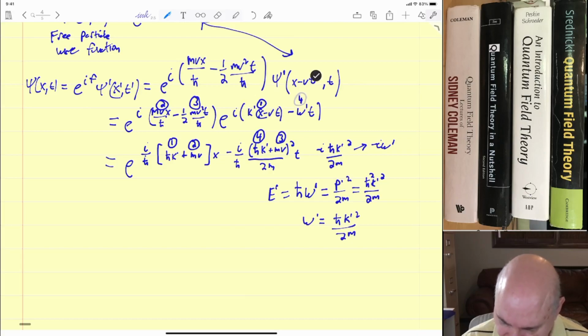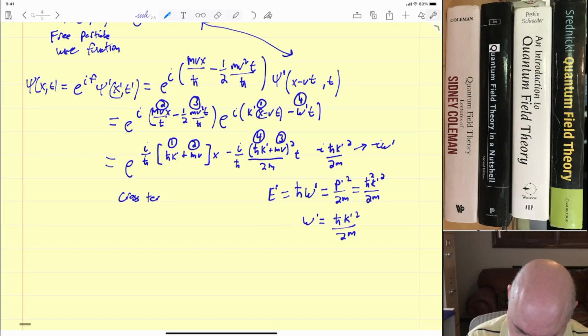The only thing left to check is that our cross terms are correct, because there's one last term here. So the cross term is minus i, the h bar is going to cancel that, k prime m v t over 2m.